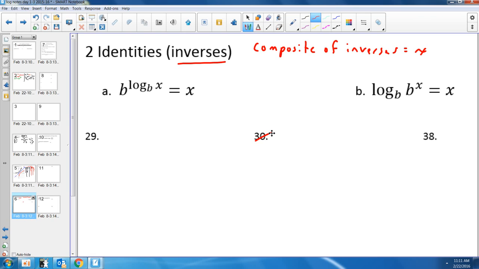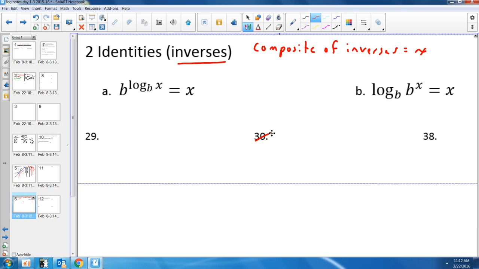In other words, the exponential of the log is equal to x. You have an exponential and a log composite together. On this one, you have the log and the exponential mixed together, which is a composite, which is equal to x. So inverses, composites equal to x.